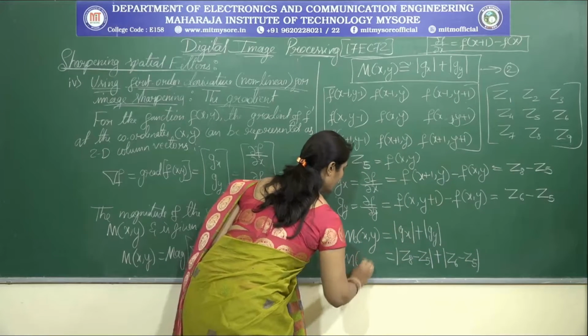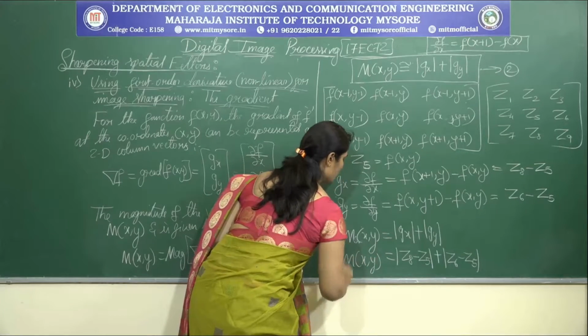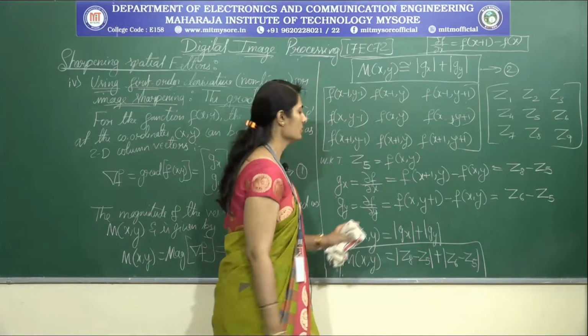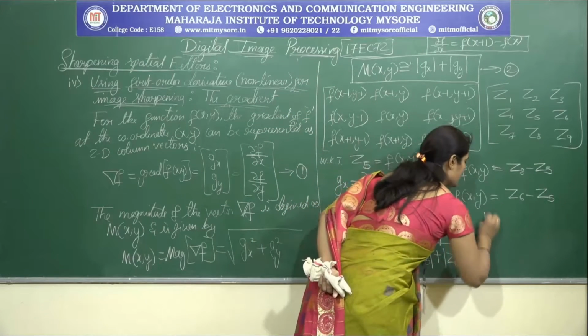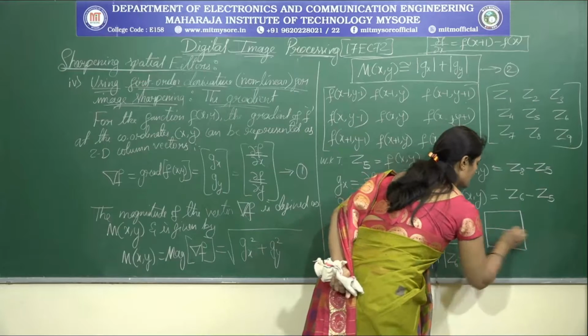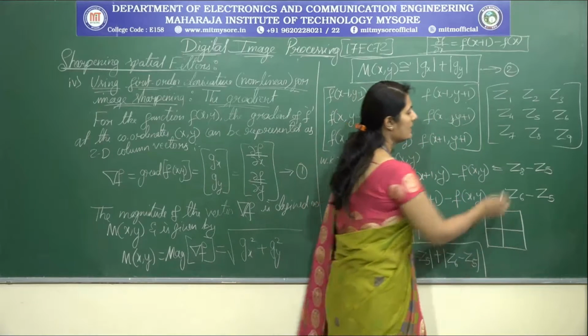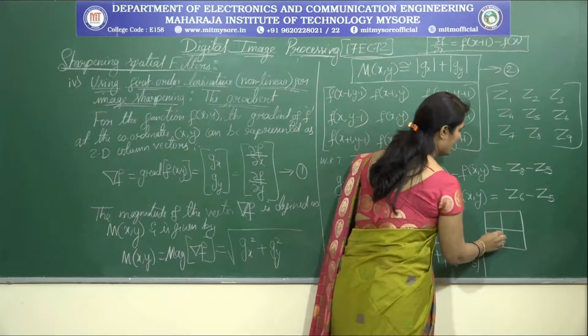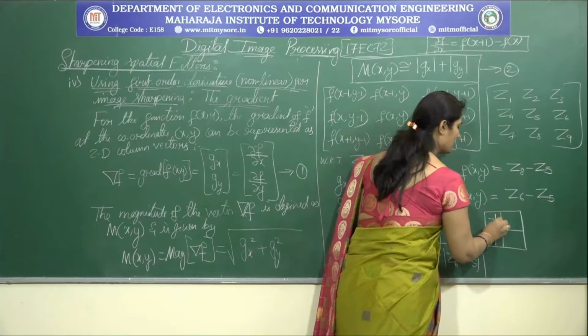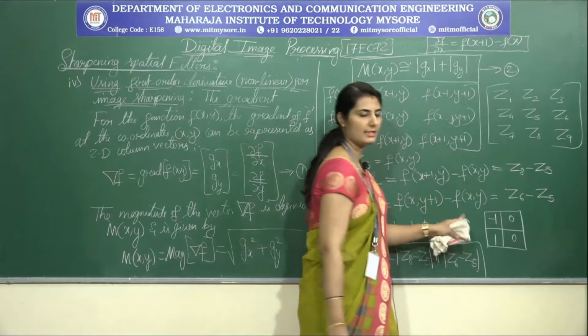So here I can construct the two masks, okay. So the mask for gx: z8 minus z5, so z8 is 1, z5 is minus 1, and the remaining is 0.